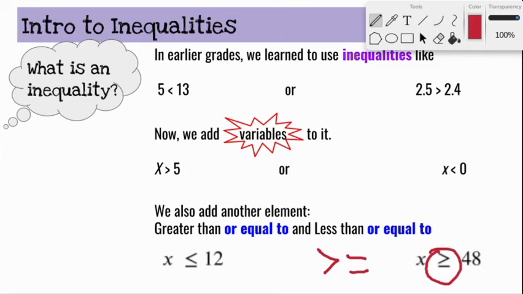Well, it's anyone that would be 48 inches or taller. That is where our comparison is. We're comparing 48, and we're comparing the heights of all of these other people. And those that are at least 48 inches and higher are the ones that are going to get to go on the ride.